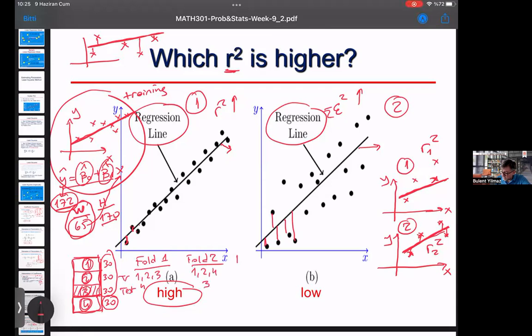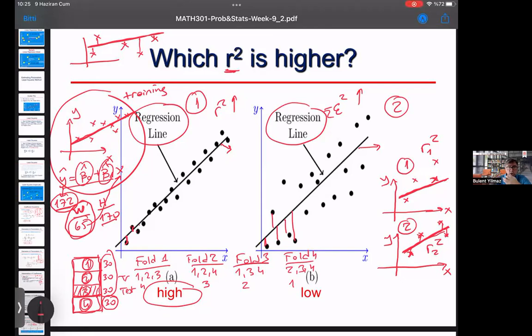Fold 3 is going to be 1, 3, and 4, and the test data is going to be 2. Fold 4 is going to be 2, 3, 4, and the test data is going to be 1. So I am repeating myself many times.